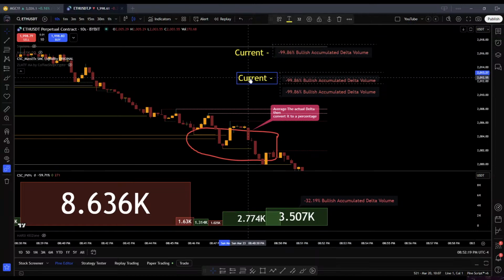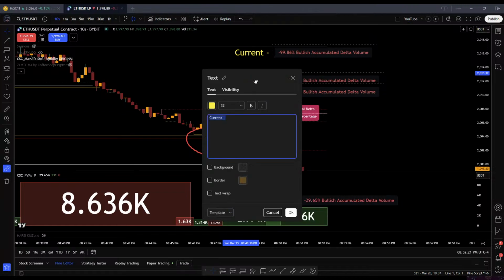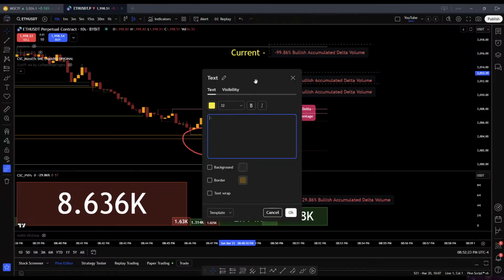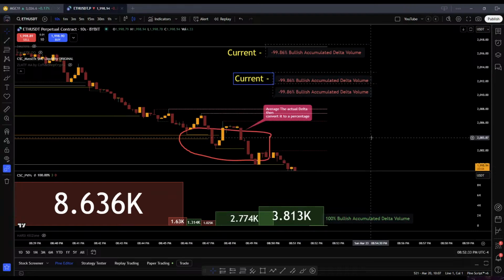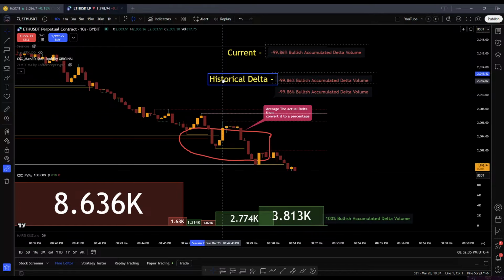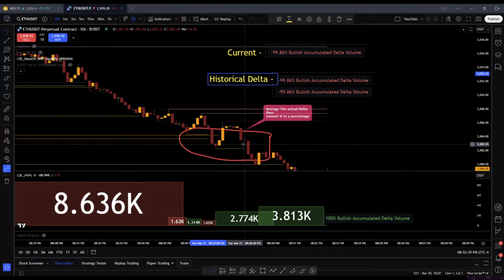And then it will say, like we were talking about a minute ago, according to your idea, I don't know, what do you want to call it? Historical delta, right? I'll just call it historical delta for now. It would be based off of the input that you put here.